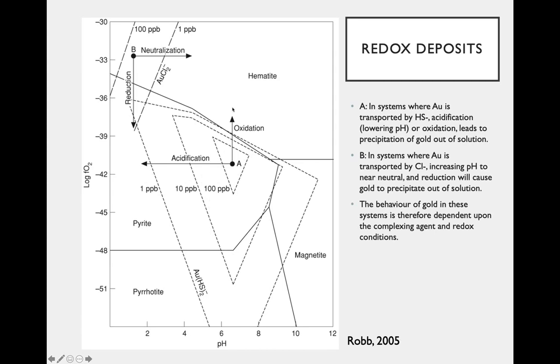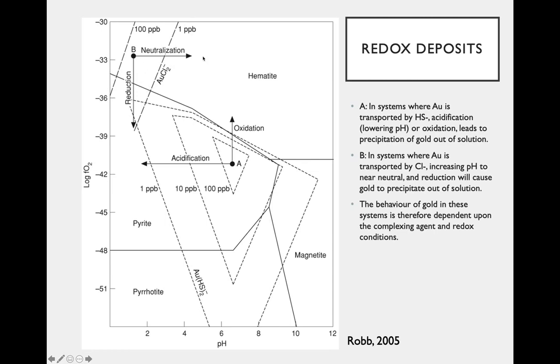But the same can be said for oxidation. We also have a very rapid change in these contours of its solubility. So then we can also look at things like B. This is in a system where gold is transported by chlorine complexes, so distinct circumstances. Here is its solubility. Increasing pH to neutral, and reduction will cause gold to precipitate.